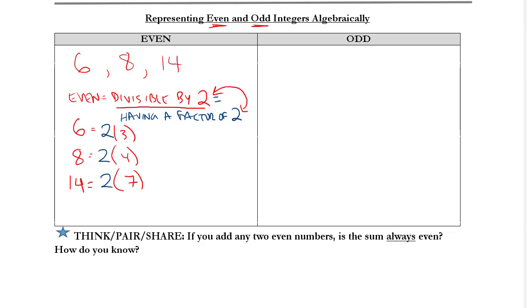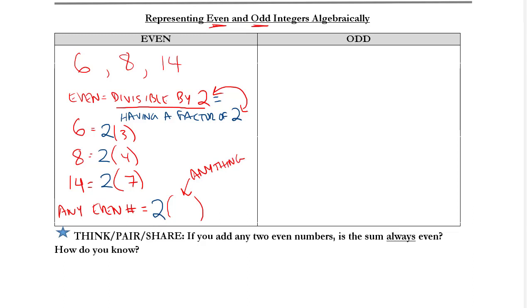So if we want to say in general, because in math we like to generalize things, how do I write any even number? Looking at this pattern, it is 2 times something. It doesn't really matter what goes in here, because we have our factor of 2 out here.